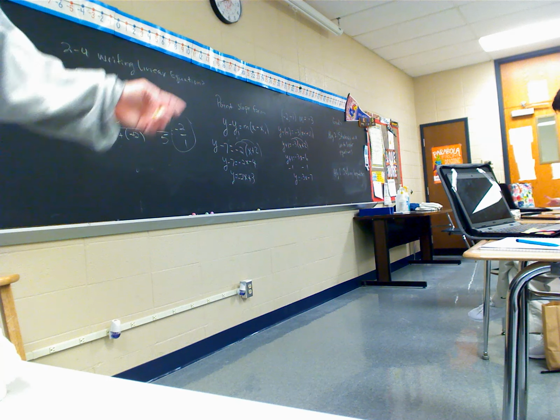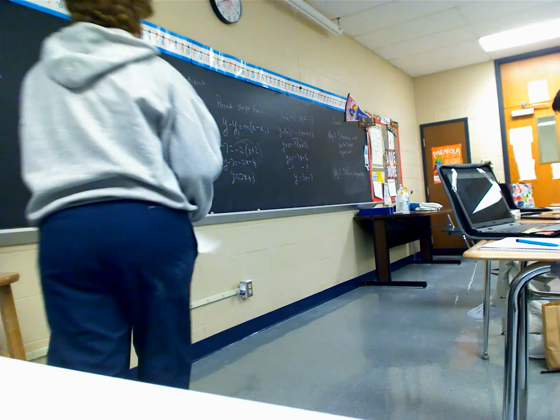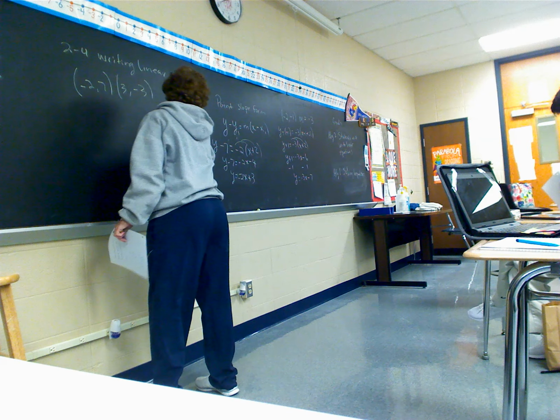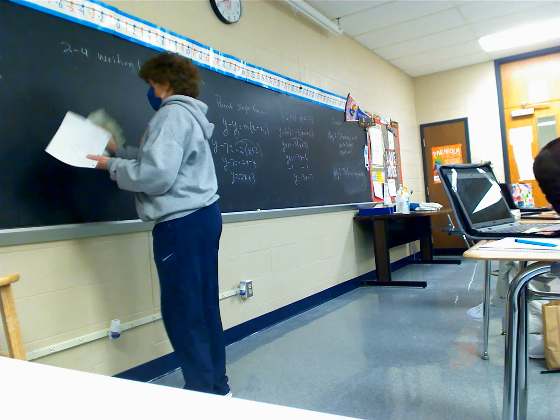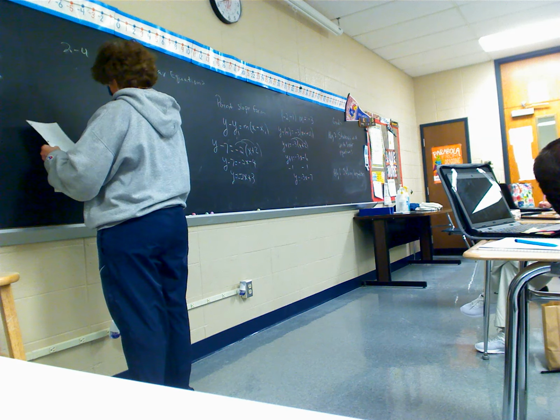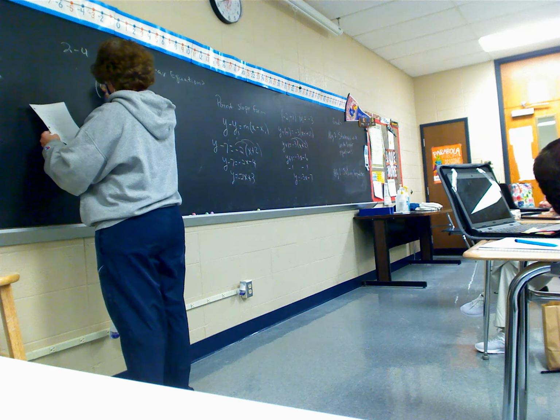Well, let me put a couple ordered pairs, and I'll let you guys do this one. I want you to write an equation for a line that goes through these 2 ordered pairs.